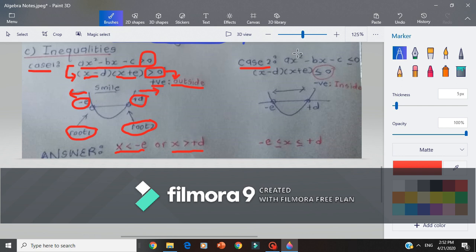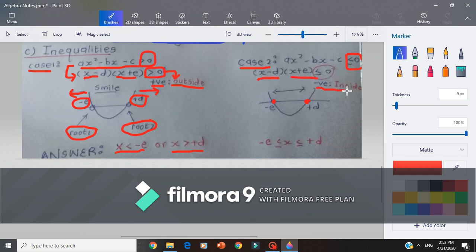Okay, in case 2, we got the same form, but this time we got less than or equal to 0. Whenever you have an equal to sign, your root will be colored in, the dot will be colored in. Notice in case 1, the root was not colored in, it's just a dot with no coloring. So here you got x minus d, x plus e.